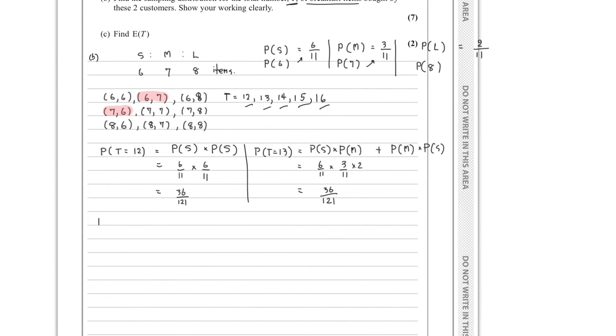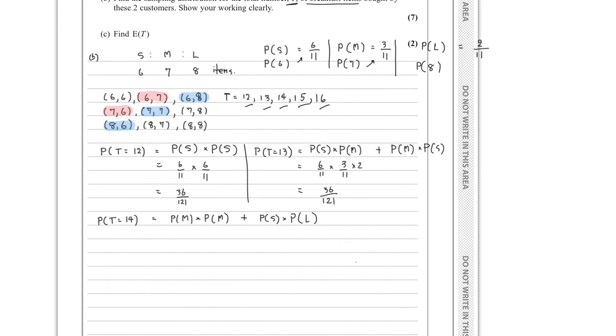Well, next, the probability of T equals 14. In order to get to 14, we have three cases here: 6, 8; 7, 7; and 8, 6. Let's write down the probability of these three cases. The first one, 7, 7, that is the probability of medium times the probability of medium, plus 6, 8, which is probability of small times probability of large.